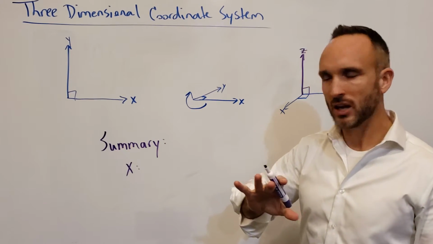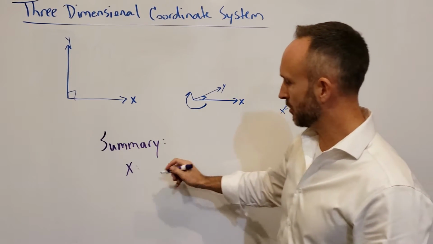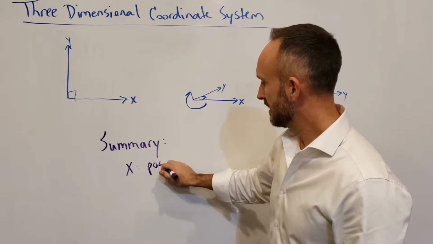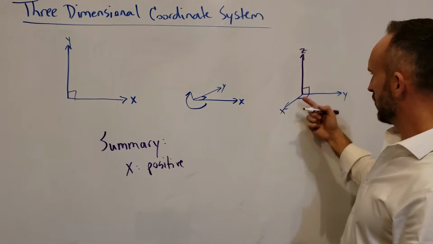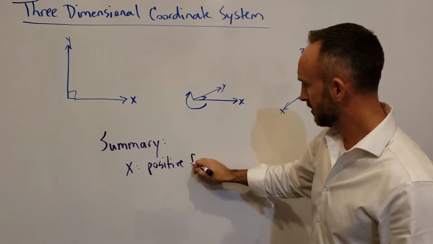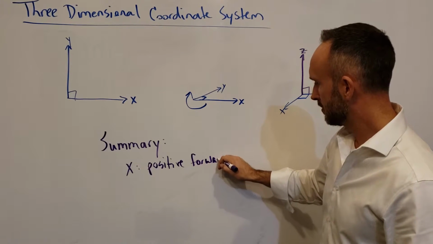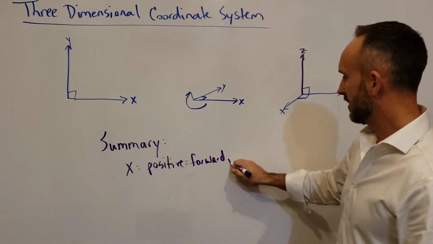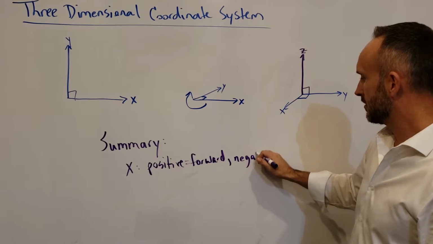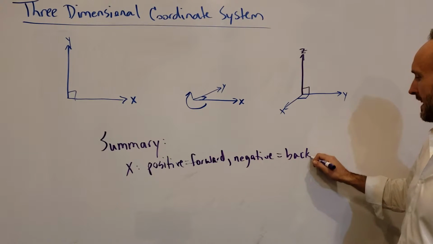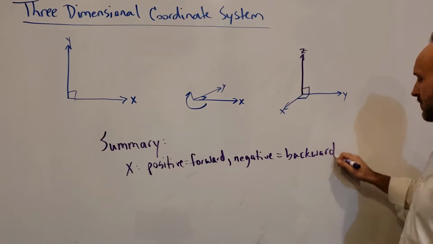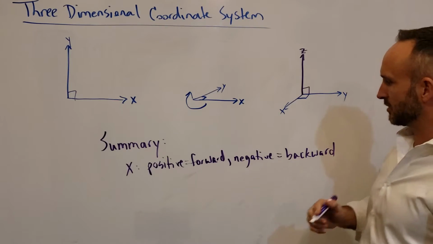Write this down however you like. So the positive direction is out of the board, which I'm going to call forward. And the negative direction is backward, going into the board, okay? That's tricky for a while. You have to practice with that.